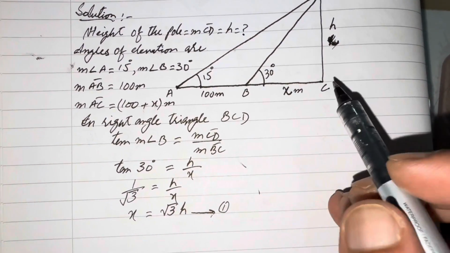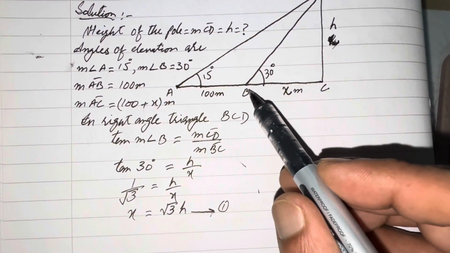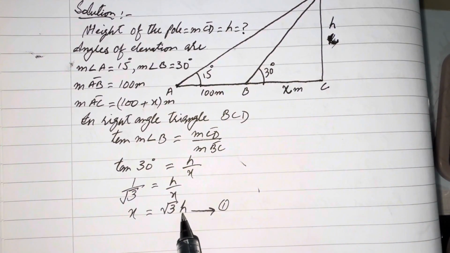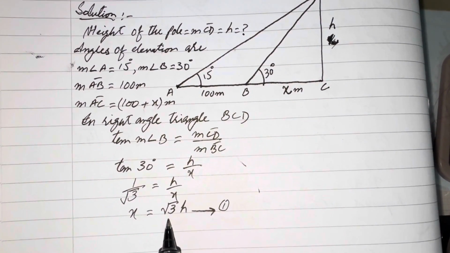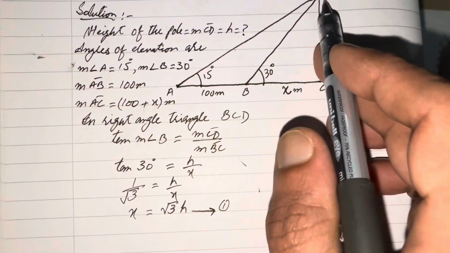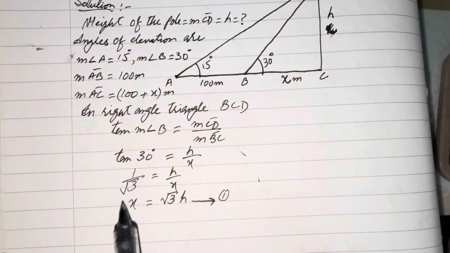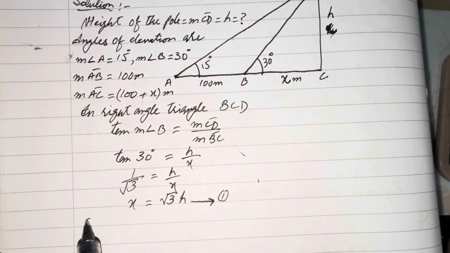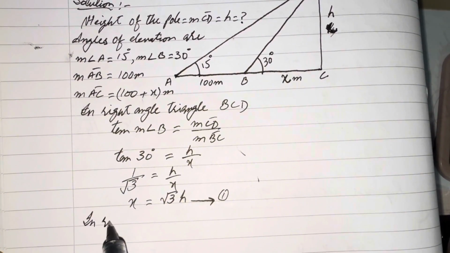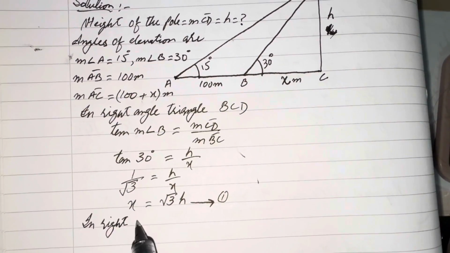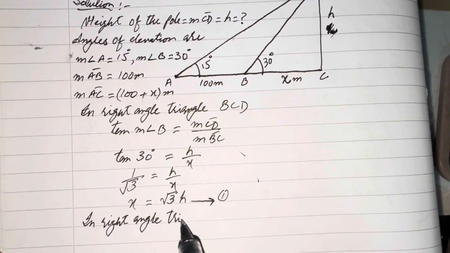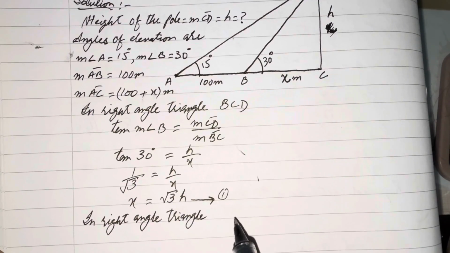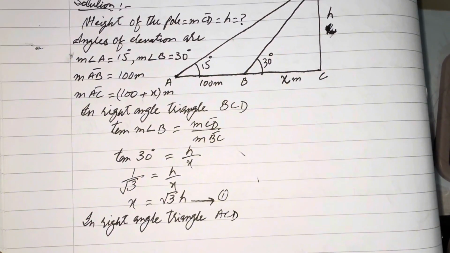So now BC is equal to root 3 h. Now we are taking the right angle triangle ACD.